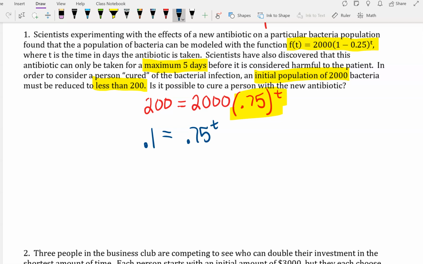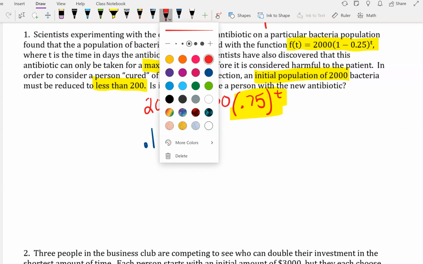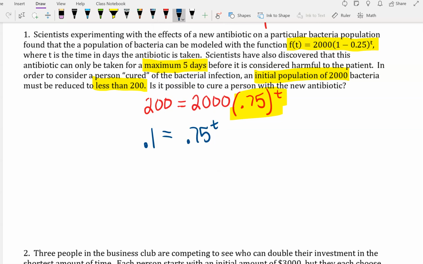All right, and then at this point, in order to solve, I need to either convert to log form or log both sides. I think I'm just going to log both sides. And the whole point of that is I can now use my properties of logs to take the exponent and bring it to the front.